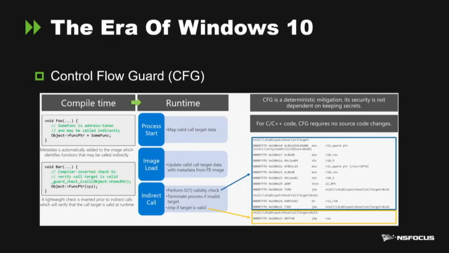Finally, when an indirect function is called, a small piece of inserted code verifies that the target is valid, as marked in the bitmap.